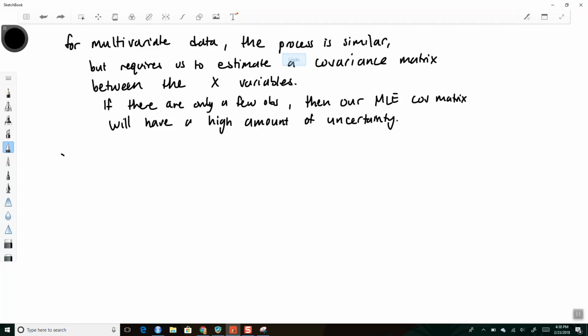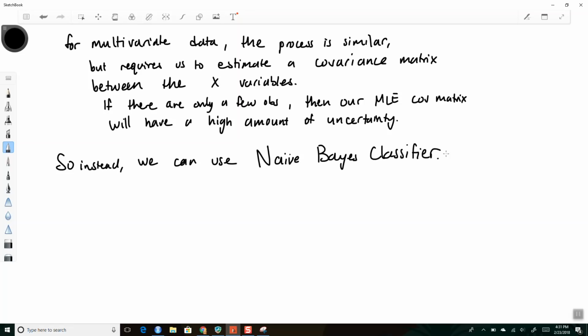Okay. So instead, in the naive Bayes classifier, we are basically saying, I know this model is not a good model, but perhaps it can outperform the correct model.